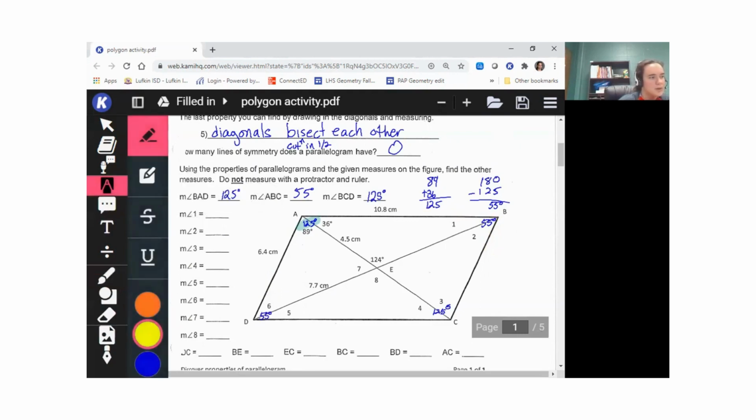So now we are looking for angle 1. Angle 1 is not 55 degrees, but it is part of a triangle that we do know two angles of.